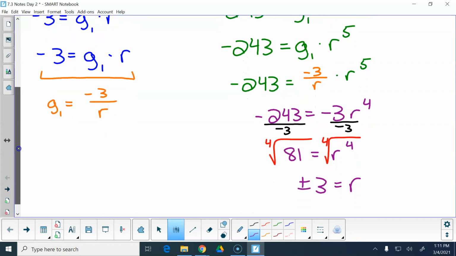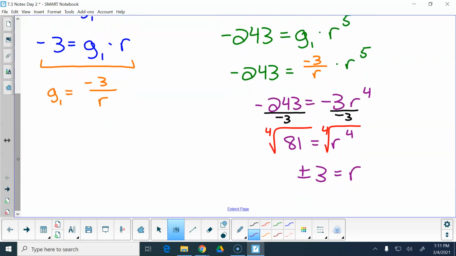Which means I'm going to have to put in positive 3 to get a g sub 1, and I'm going to have to put in negative 3 to get a g sub 1.